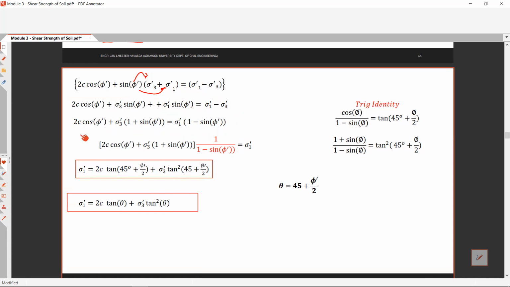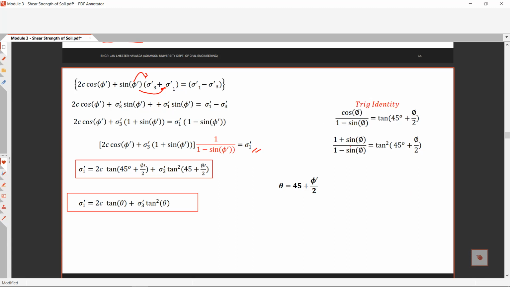Therefore, we can say that our sigma prime 1 is equals to 2C cosine phi prime plus sigma prime 3, then 1 plus sine phi prime all over 1 minus sine phi prime equals to sigma prime 1. Okay, this one is your major principal stress.